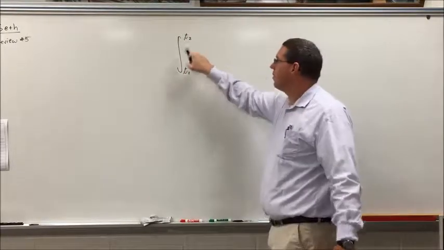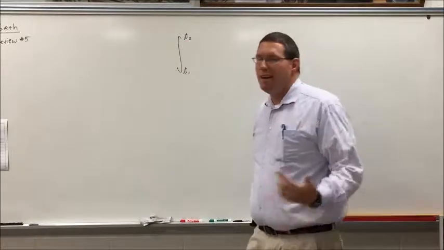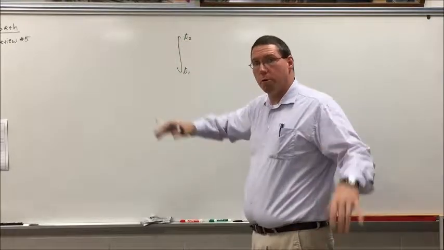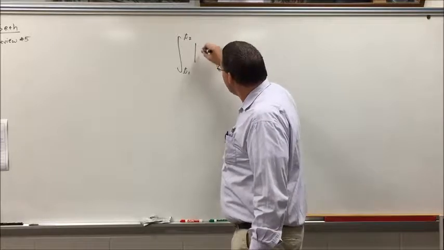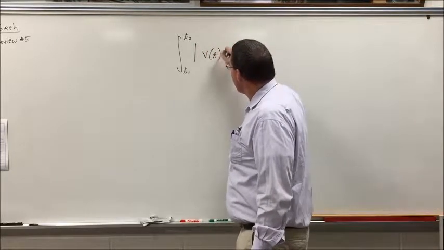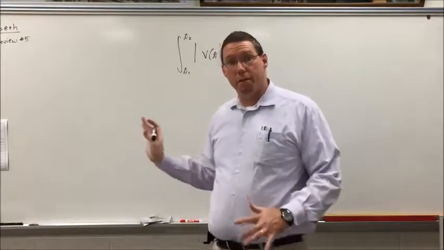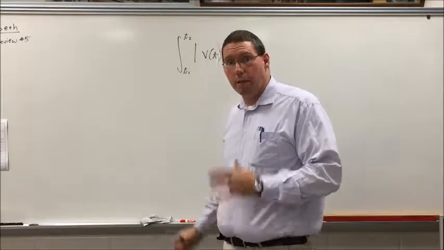This number always has to be smaller than this number, just for a total distance traveled problem. Then you integrate the absolute value of velocity, dt. That's how you do total distance traveled. The big difference here is you have to integrate the absolute value of velocity.